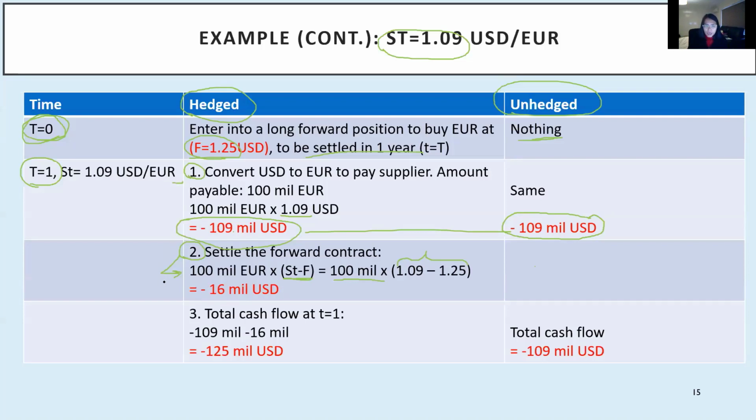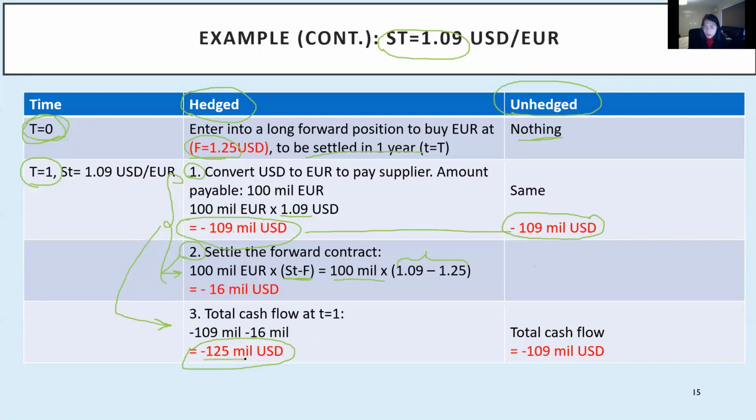So for my hedge position, my overall USD cost is the sum of step 1 and step 2. So 109 plus 16, that will be 125 million USD. In other words, if I have entered into a long forward position at the start, I am going to have to pay 125 million USD in 1 year's time.